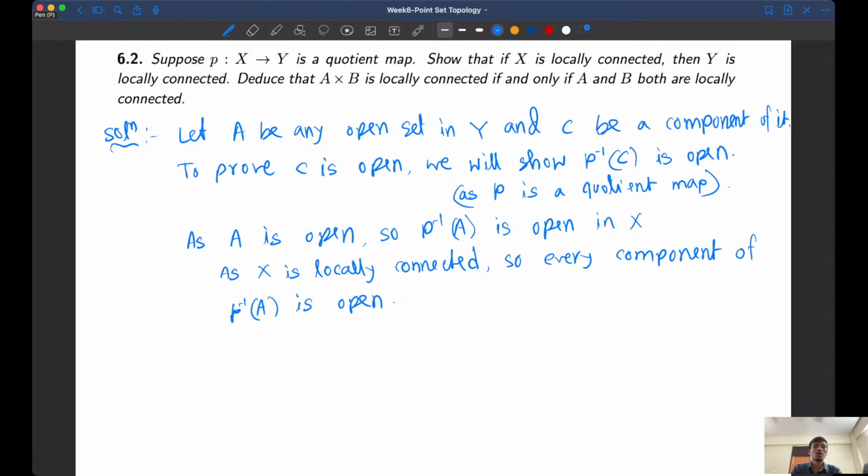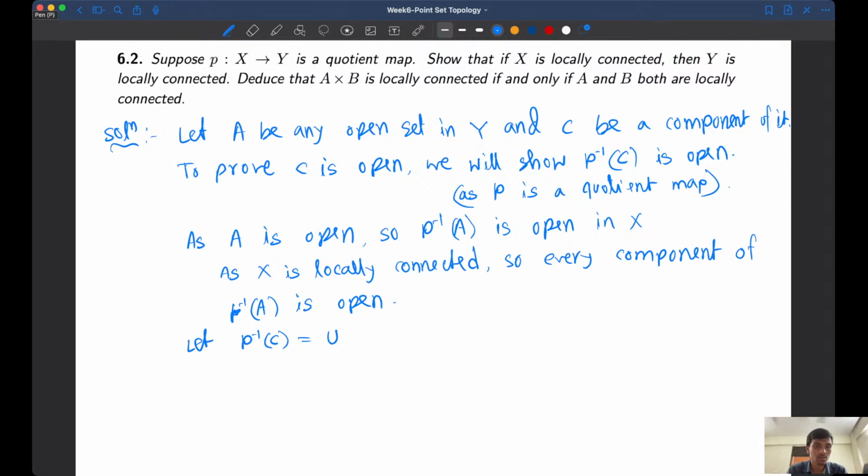Right, and this P inverse C is contained in P inverse A. Let's say this is a union of some, like any set, so I am just writing this as a union of its connected components.